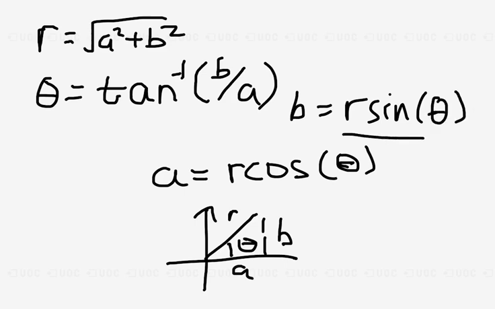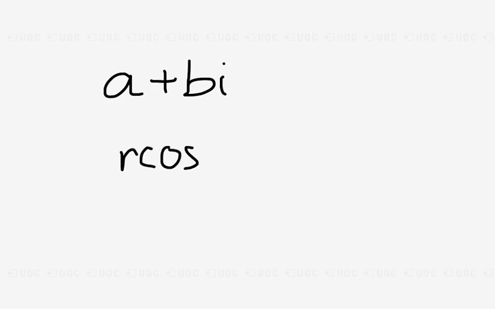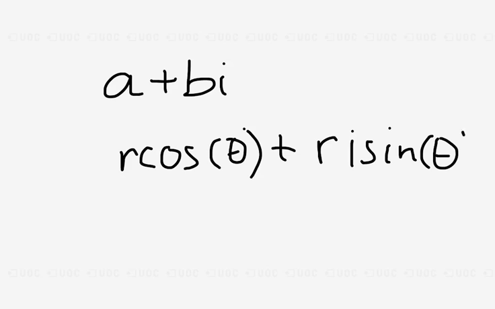So over here we have our a+bi. We have a is r cosine theta, plus r i sine theta, and this is a+bi.